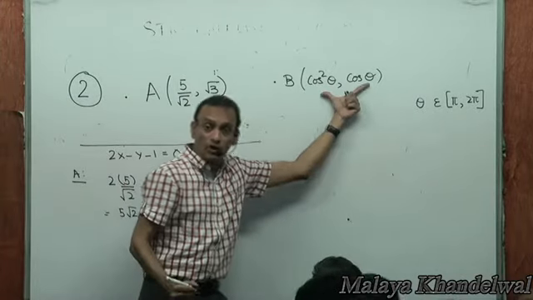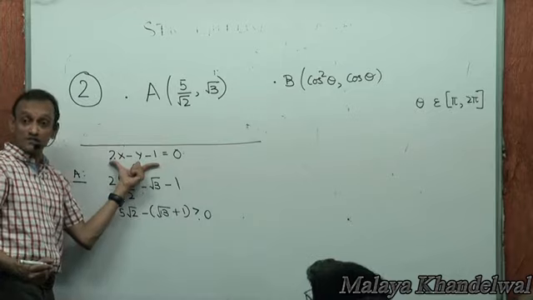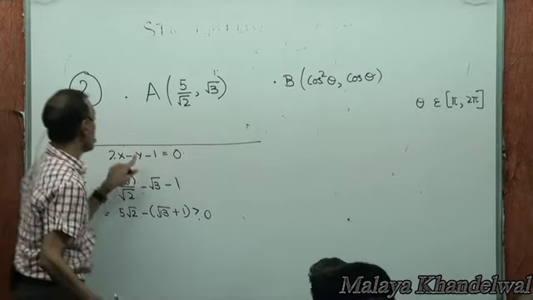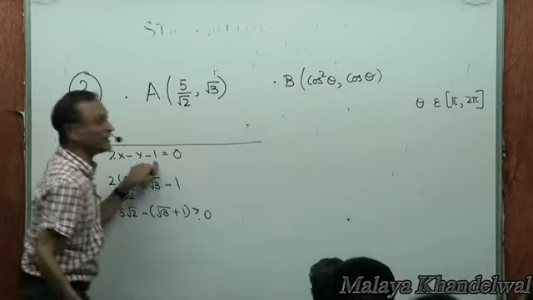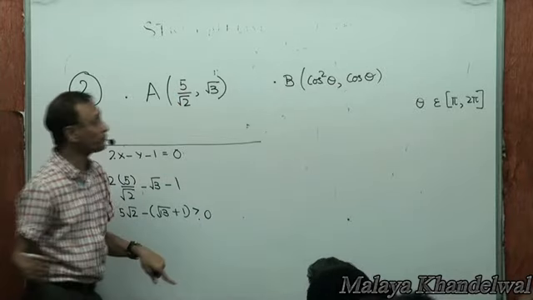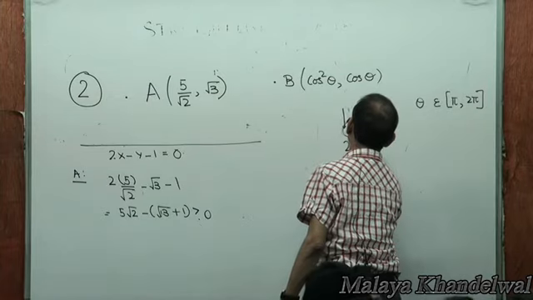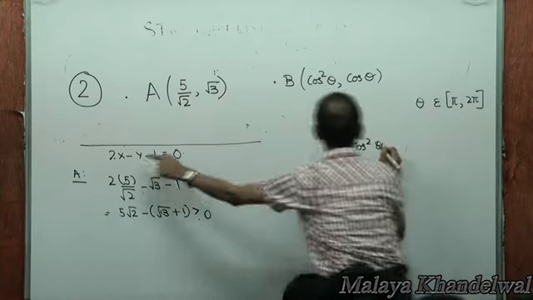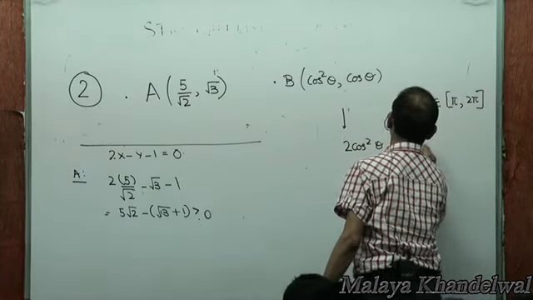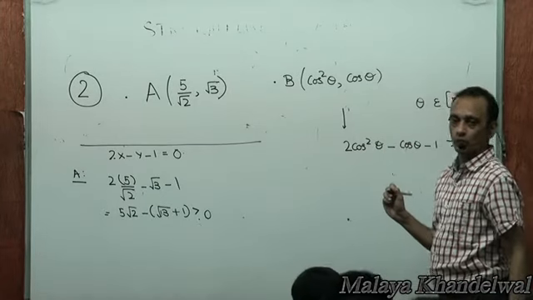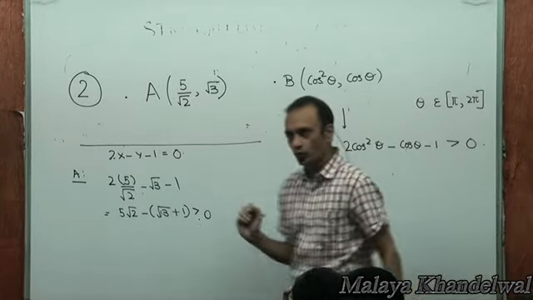So cos square theta comma cos theta will also impart a positive sign to this expression, which means 2 cos square theta minus cos theta minus 1 will be greater than 0. Yes or no?